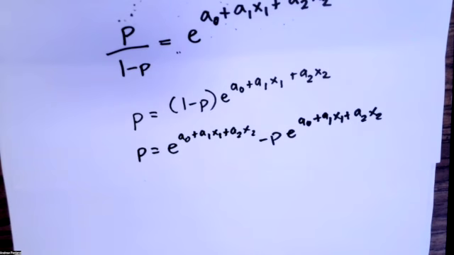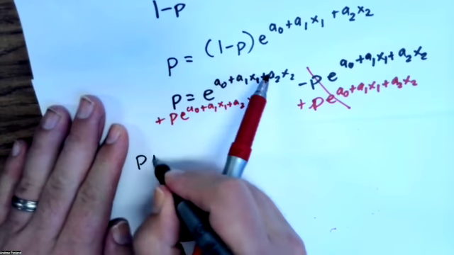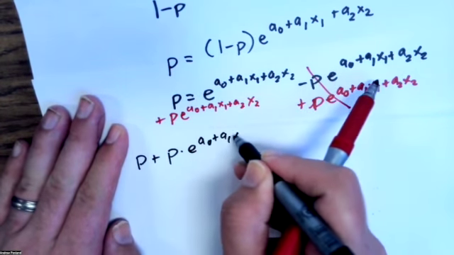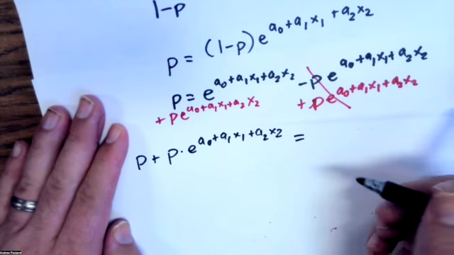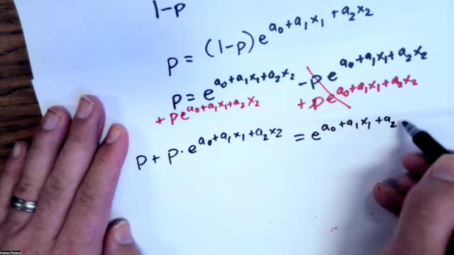Add this thing to both sides. So this is P plus P times e to the a0 plus a1 x1 plus a2 x2 equals e to the a0 plus a1 x1 plus a2 x2.